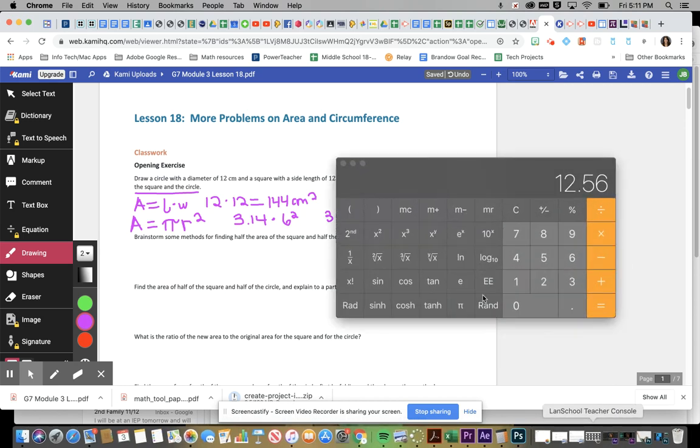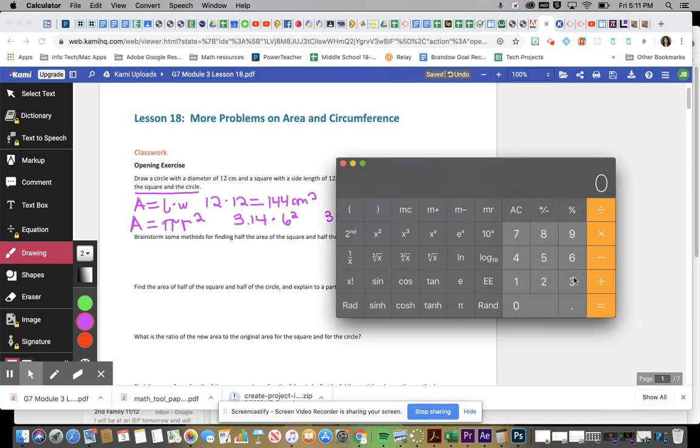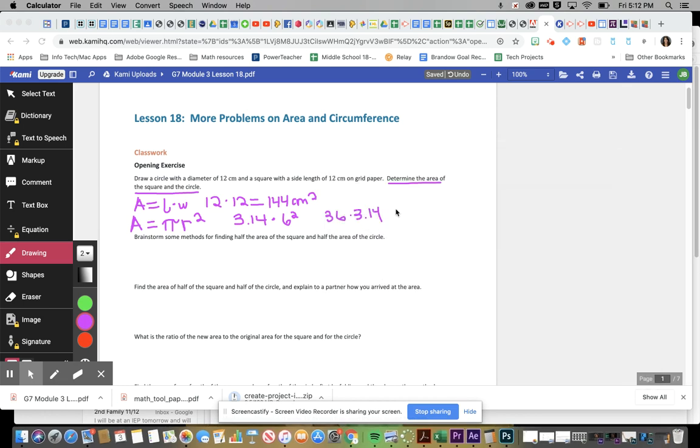And let me grab the calculator. 3.14 times 36 equals 113.04, or 4 hundredths centimeters squared.